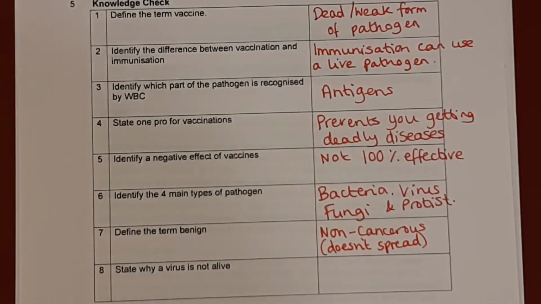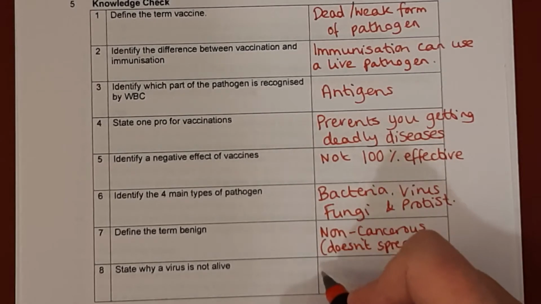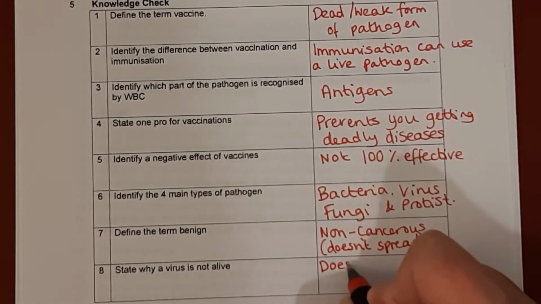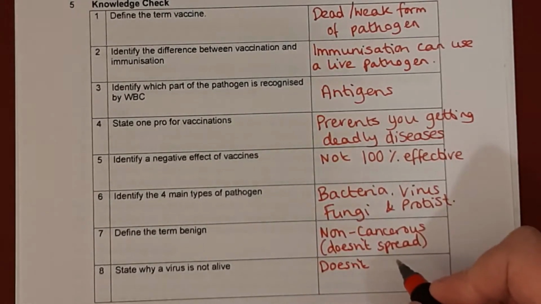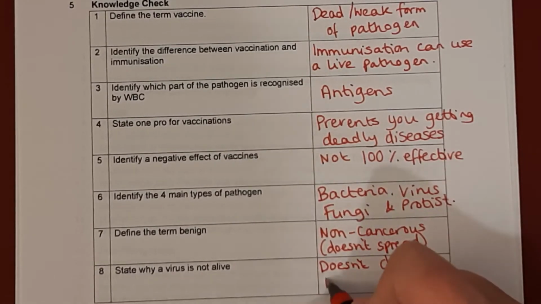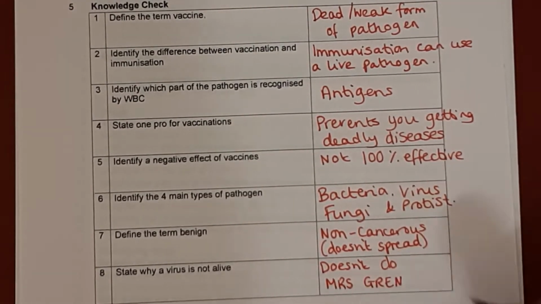Okay, so question 8. State why a virus is not alive. That's because it doesn't do all of Mrs. Gren, which is those 7 processes required for life. And those are movement, respiration, sensitivity, growth, reproduction, excretion, and nutrition.